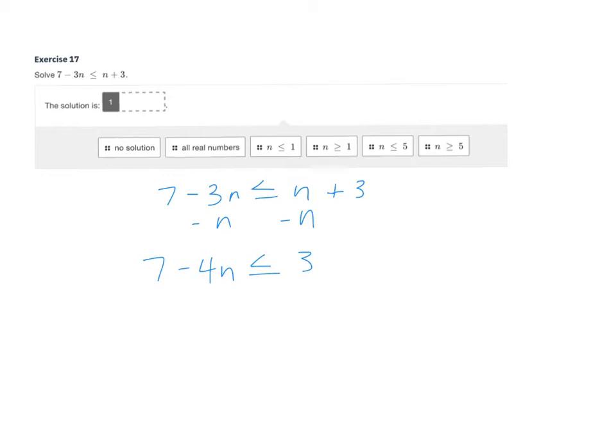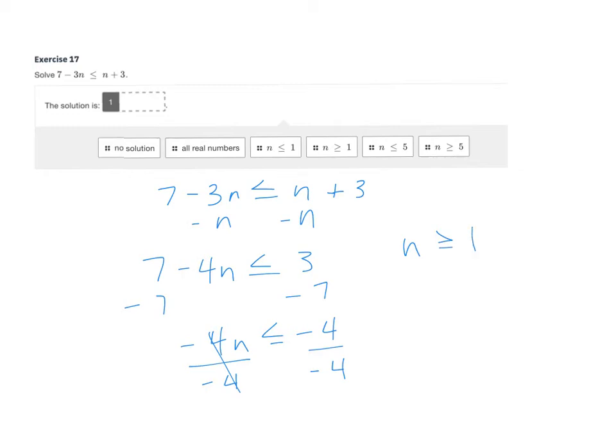I'm going to get rid of this positive 7 by subtracting 7 from both sides. Negative 4n less than or equal to negative 4. And now I'm going to divide by negative 4, being careful to flip my inequality. So I'm going to get n greater than or equal to positive 1. N greater than or equal to positive 1 is right there.